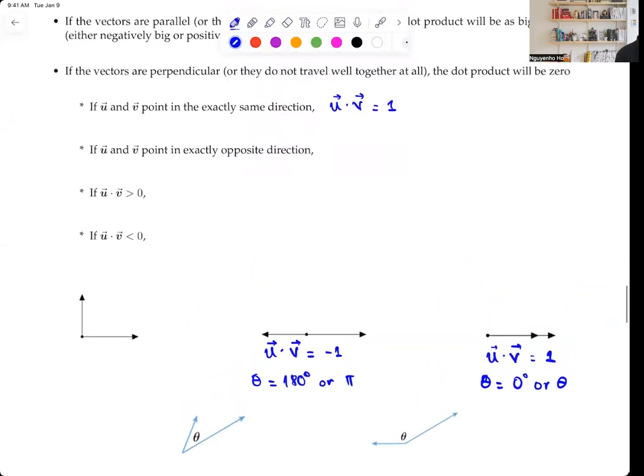Now let me go up here and write that if u and v point in exactly opposite directions, then the cosine is equal to -1.